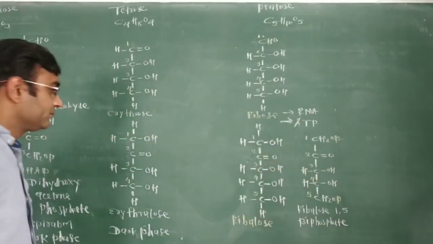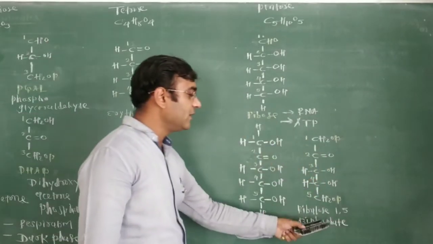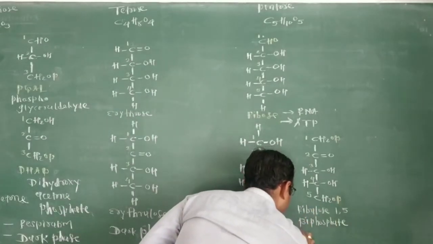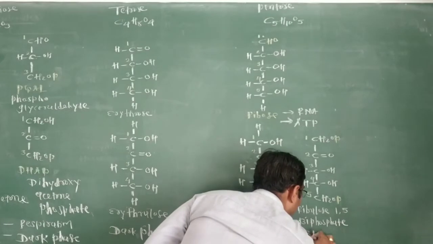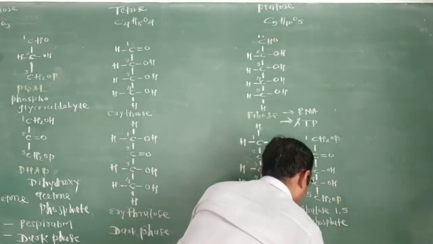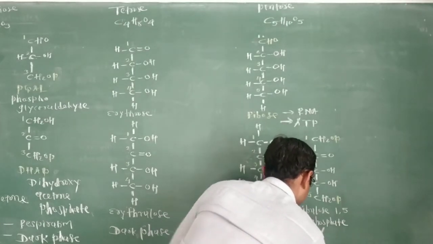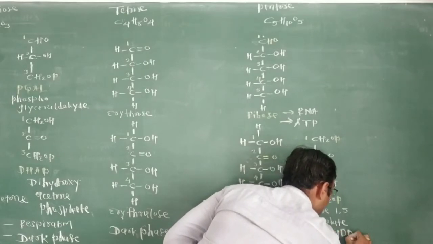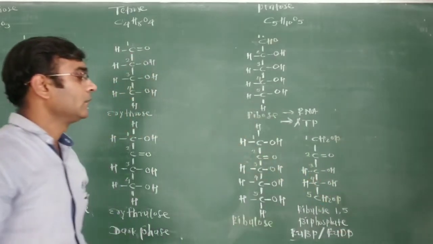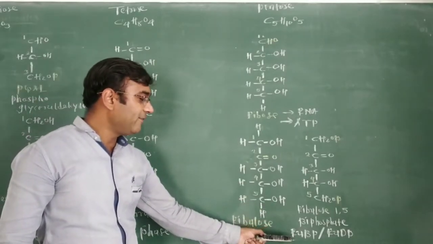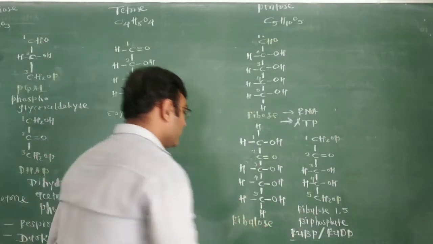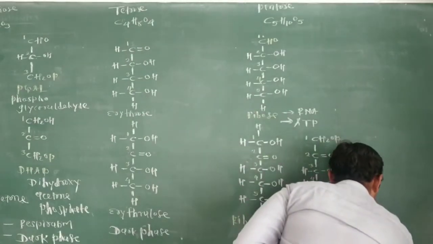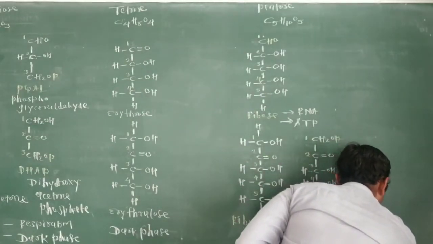In short form, this ribulose 1,5-bisphosphate can be called RUBP or RUDP. This ribulose bisphosphate plays an important role in the dark phase of photosynthesis.